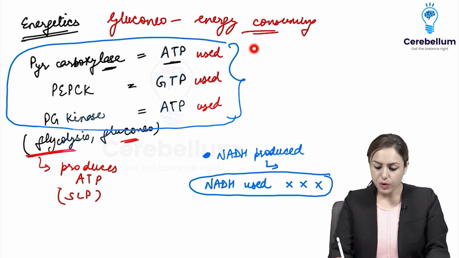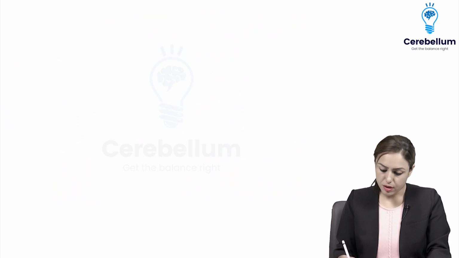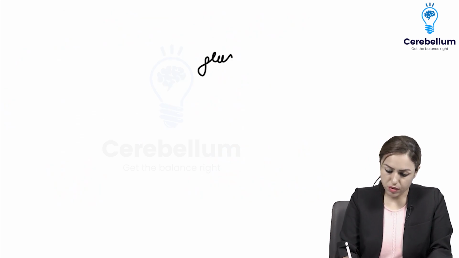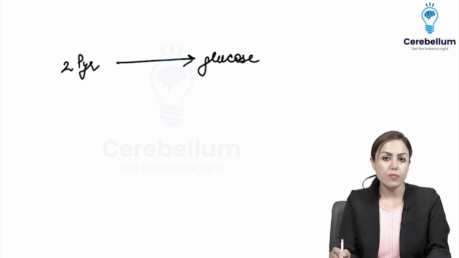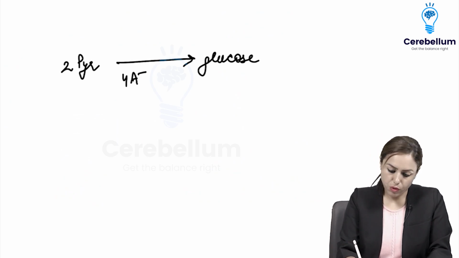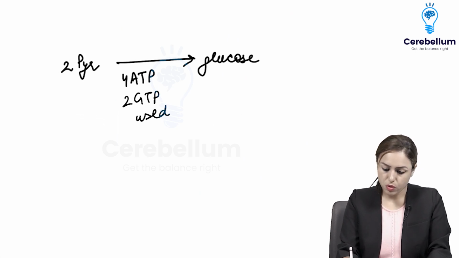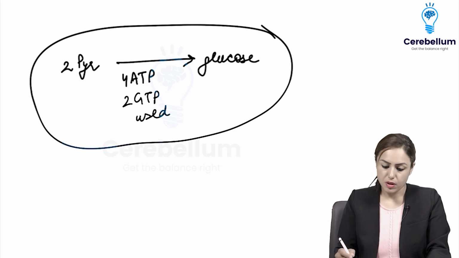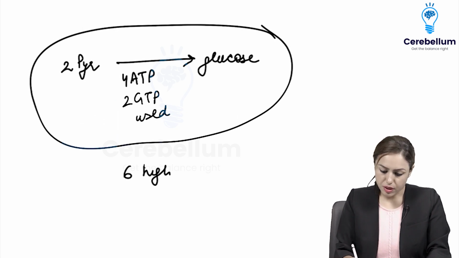So if one pyruvate is used, then these 3, 2 ATP and 1 GTP, are used, okay? But you know that for making one glucose, 2 pyruvates are used, right? So it will be 4 ATP and 2 GTP used to make one glucose, or you can say 6 high energy bonds are used to make one glucose.